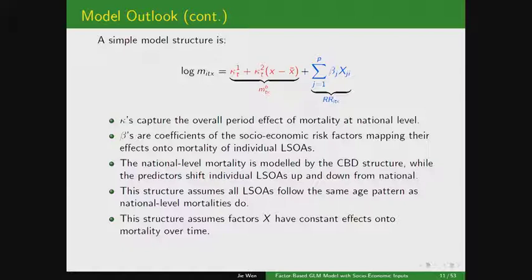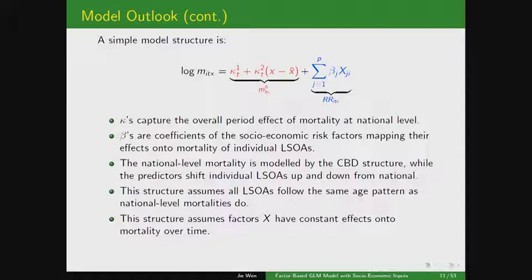Secondly, the betas, the coefficients, measure the magnitude of the effect of socioeconomic factors on mortality, but they are constant and do not vary over time. That's why this model assumes the factors have a constant effect on mortality over time. These two disadvantages make this model less realistic.